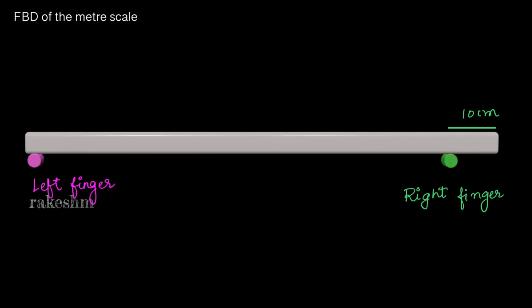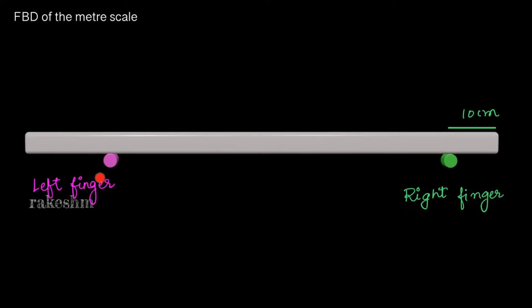Now we try to slowly move both the fingers towards the center and initially only the left finger starts moving. So the left finger has moved from here to here and then it stops.